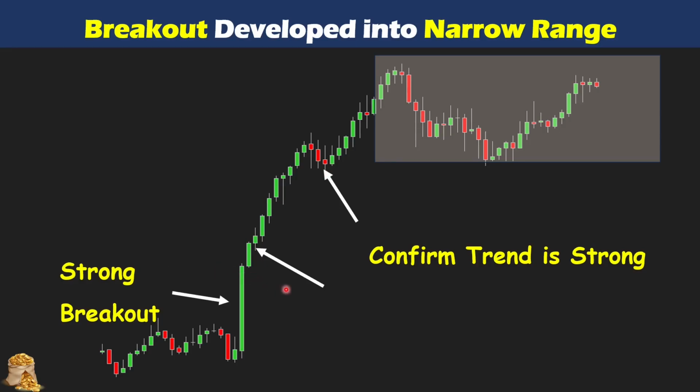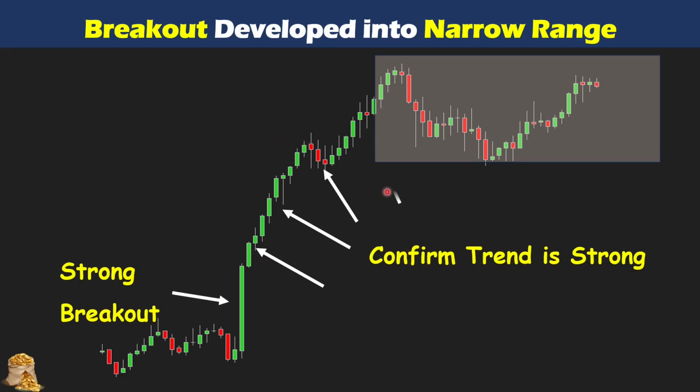Then what about the legs? The first leg here, you can see very strong, big consecutive bull bars. And then after this small pullback, we can see the second leg here, consecutive bull bars again, even though smaller, but still very strong because it goes a similar distance as the first leg.